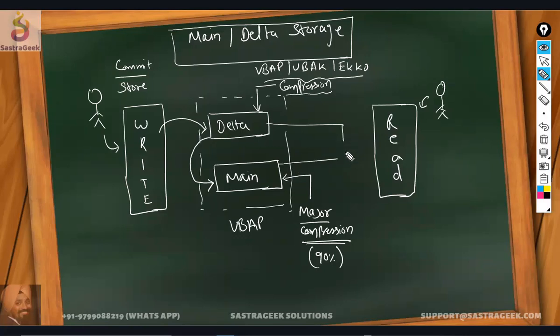To always give you the live data, when the read goes to HANA, it always checks both the data in the delta and the data in the main storage, and then it gives the output. So a mapper writing a program would be referring to VBAP. You are running SA16, you would be referring to VBAP. Technically in the HANA database, the data is separated into this delta and main. Okay, and this is how the compression would be happening.